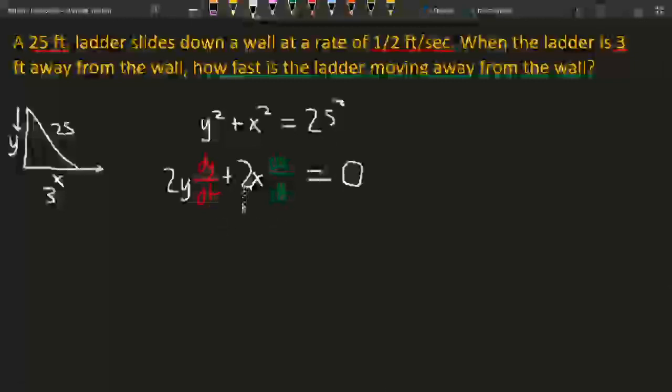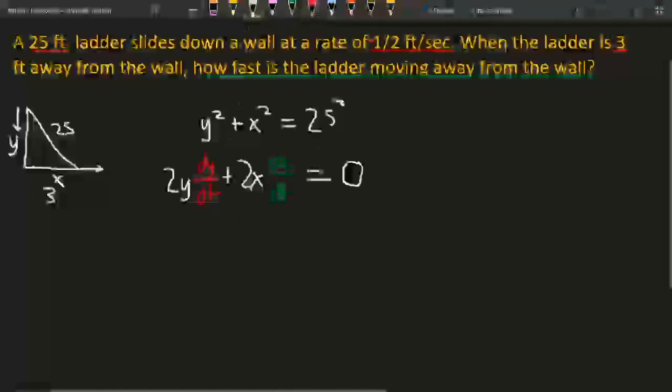So now we can substitute in dy/dt, or how fast the ladder slides down the wall, which is 1/2 feet per second. But here we have to be careful because the ladder is moving down the wall, which means the y value will decrease. So instead of 1/2 feet per second, it's actually going to be negative 1/2 feet per second.